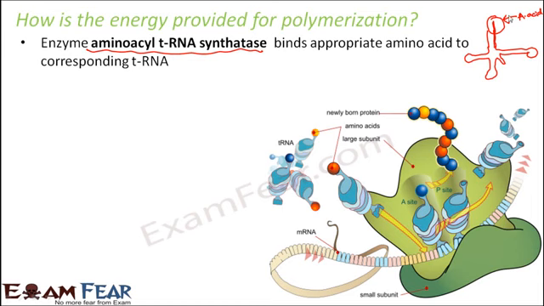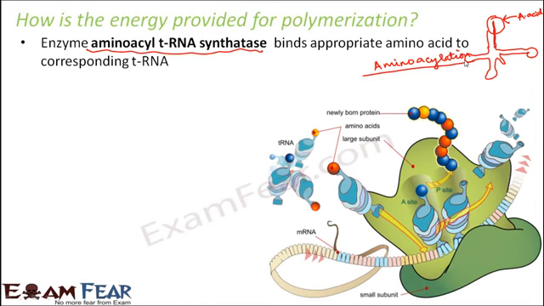When the amino acid binds, the enzyme amino-acyl tRNA synthetase helps in binding the amino acid to the tRNA, and this process is known as amino-acylation. Why is it called amino-acylation?